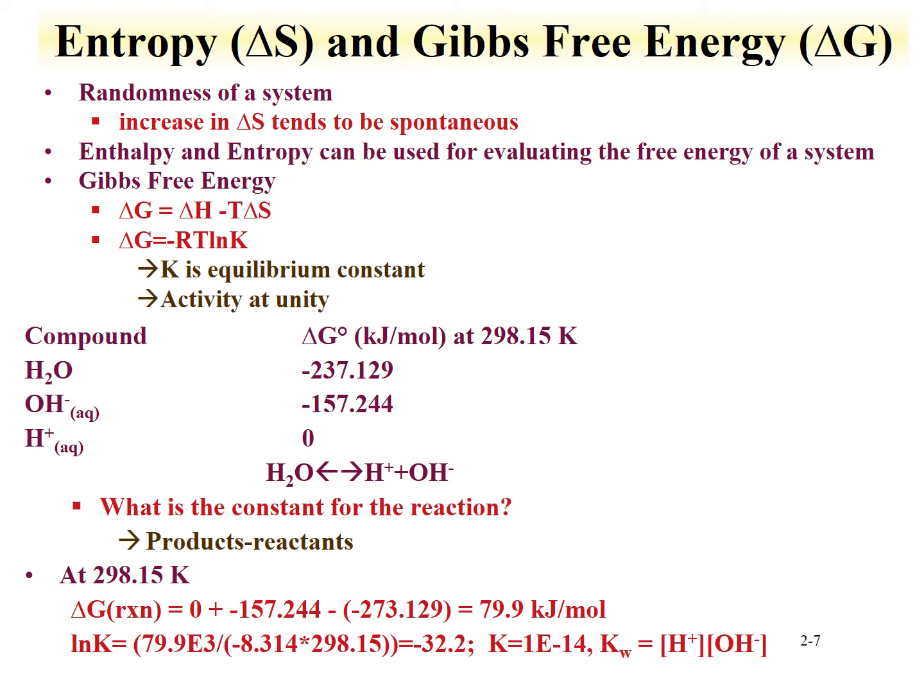You get almost 80 kilojoules per mole. Log K would be delta G divided by minus RT, which is equal to negative 32.2. K is equal to 1 times 10 to the minus 14th. And this is basically Kw, the Kw for water, which is 1 times 10 to the minus 14.